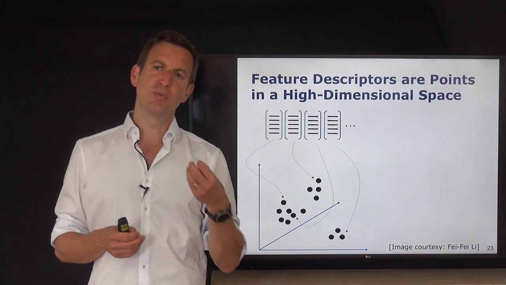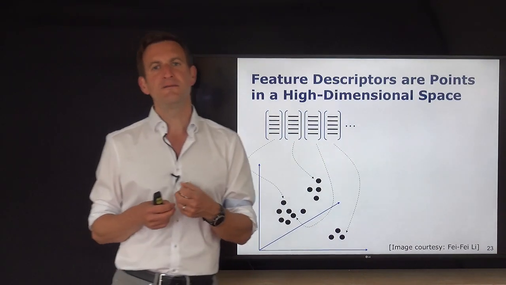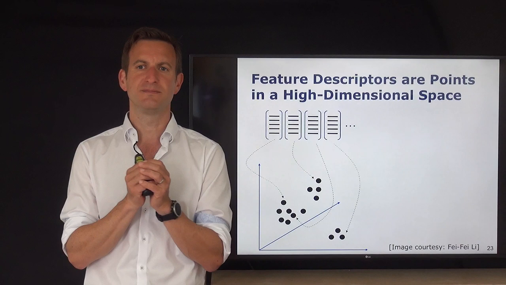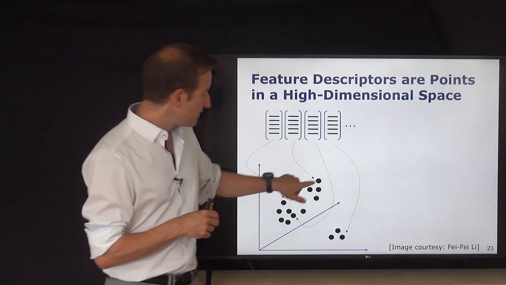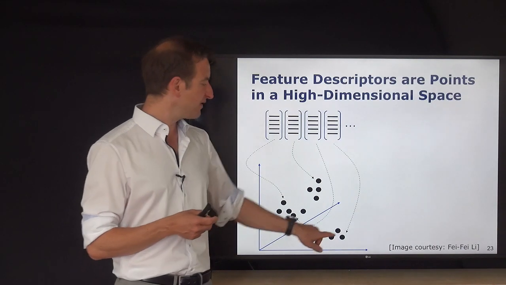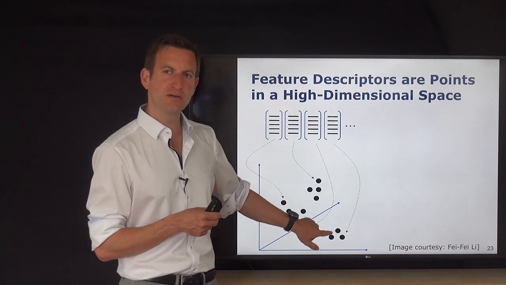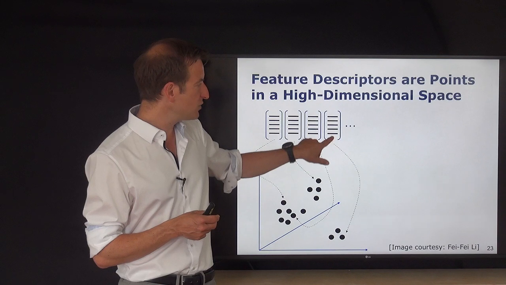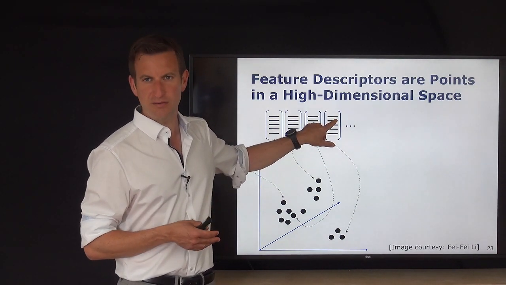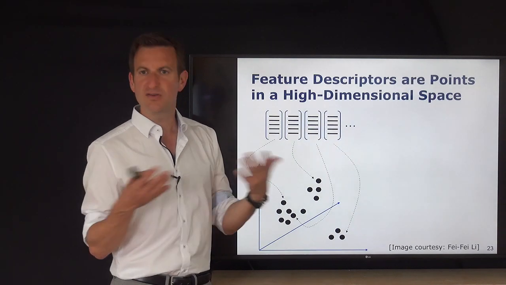Now what we want to do is group similar features together so that they will later on form one visual word. So we take those data points which are close together and say, okay, this is probably very similar image content, because remember, those features provide a description of the local surrounding of the key point, for example, a distribution of gradients.